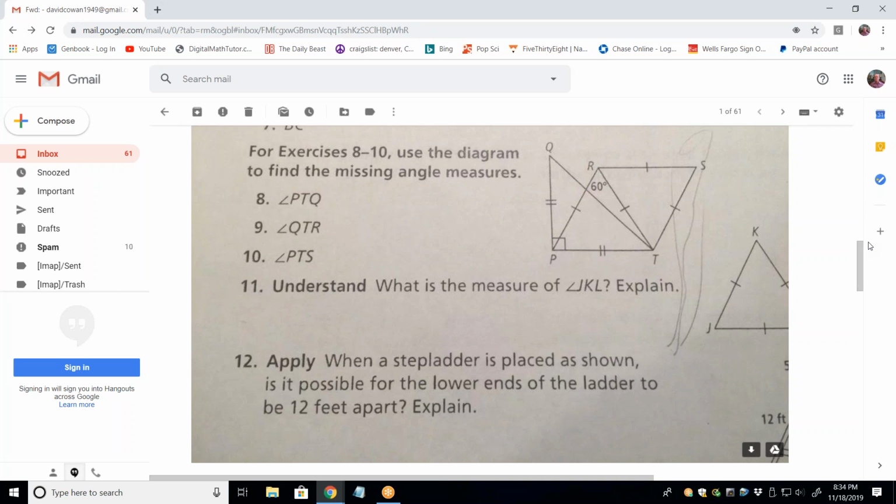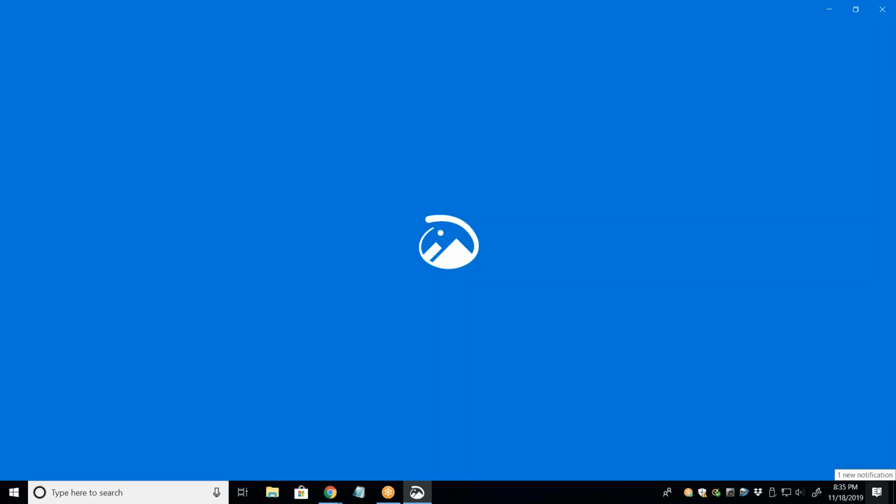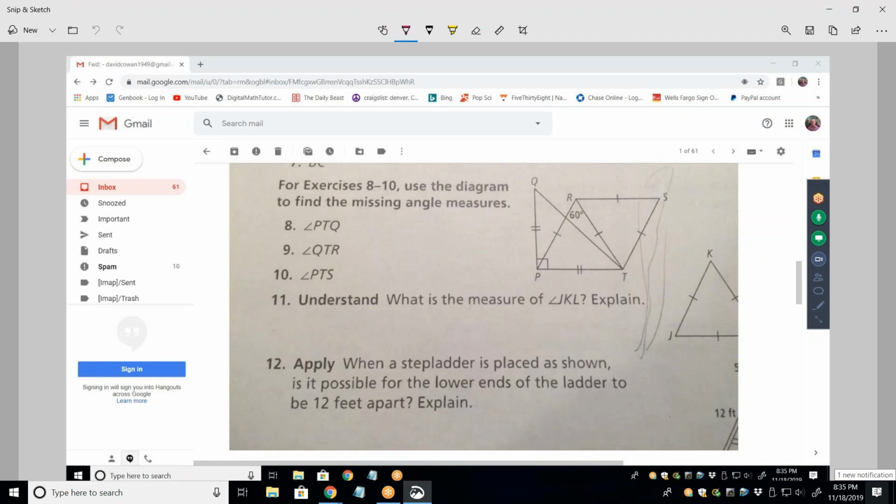Okay, so let's look at this thing they've drawn over here. Let's start labeling. Once again, same problem: we label what we can figure out, and then we can figure out the rest.